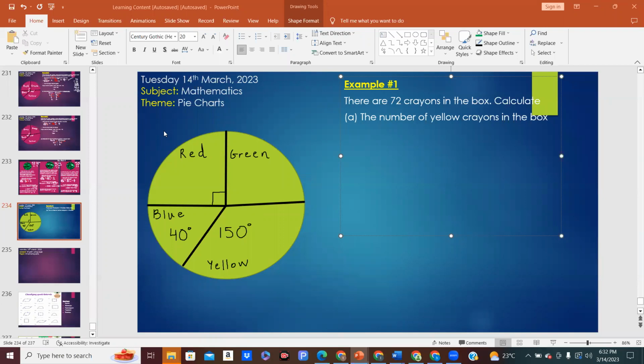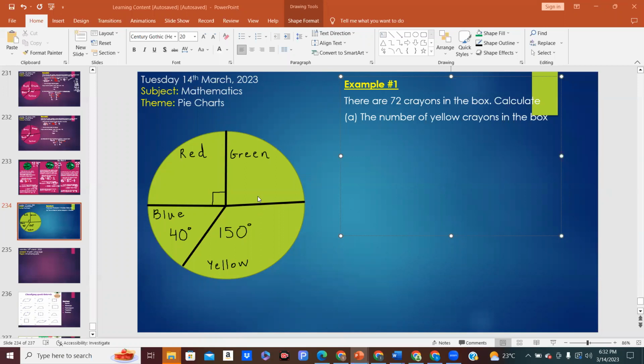That's the thing. You have to find a percent or what fraction of 72 it is. What fraction of 150 is 72? Close, very close.